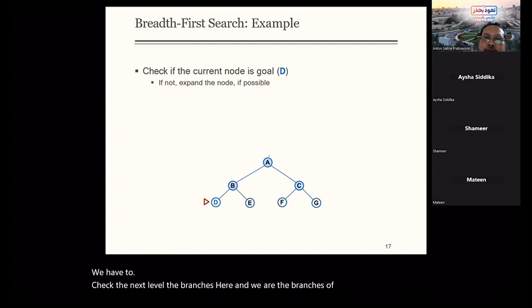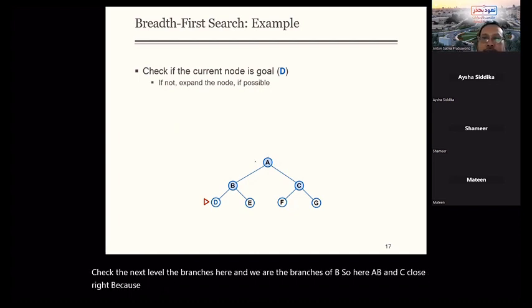So here, A, B, and C are closed, right? Because A gave B and C as its branches, and D and E are the branches of B. So close.